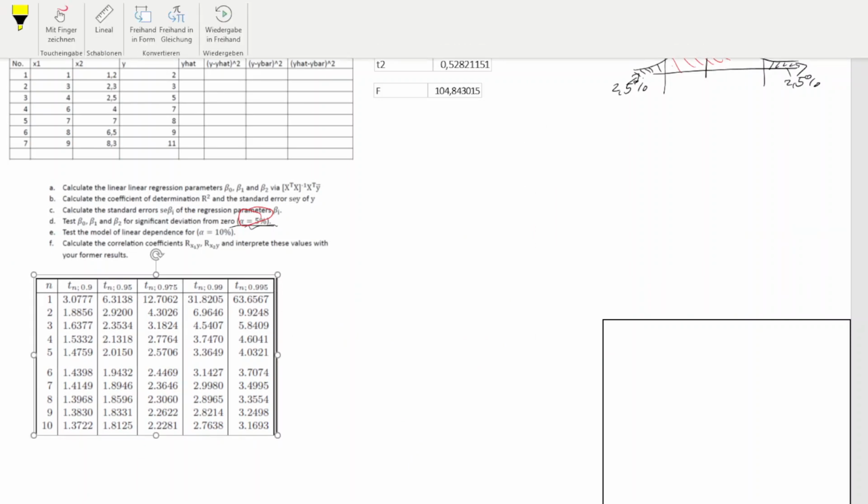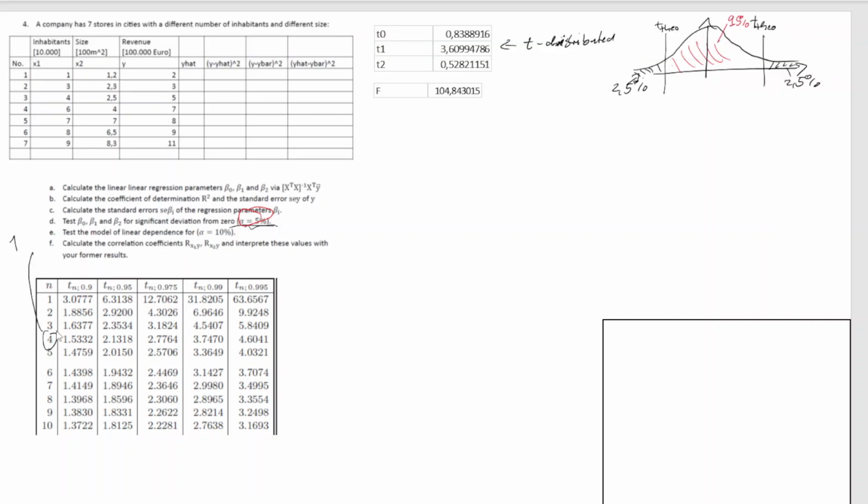So here, this 4, this is 7 minus 2 plus 1, and 0.975, since at this point all on the left the probability mass is 97.5%, because then of course we have to add this here too. So this would be then our critical value.